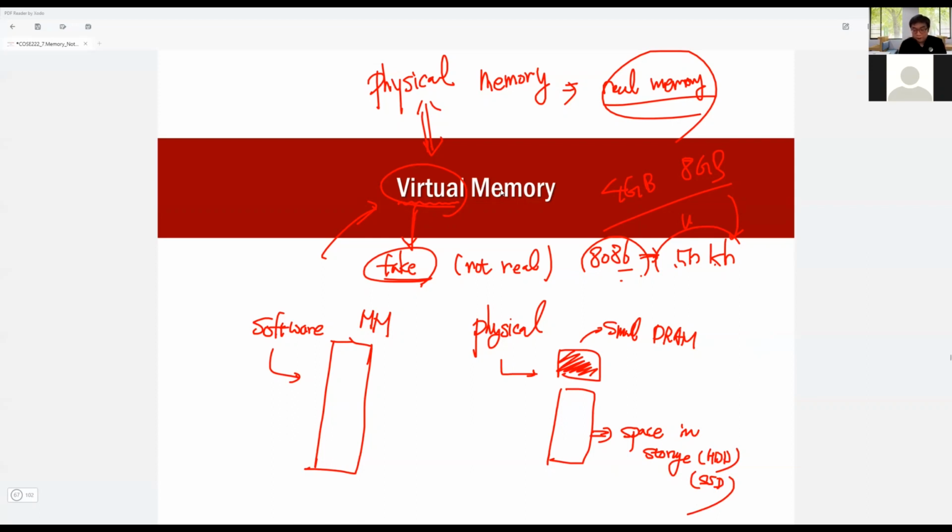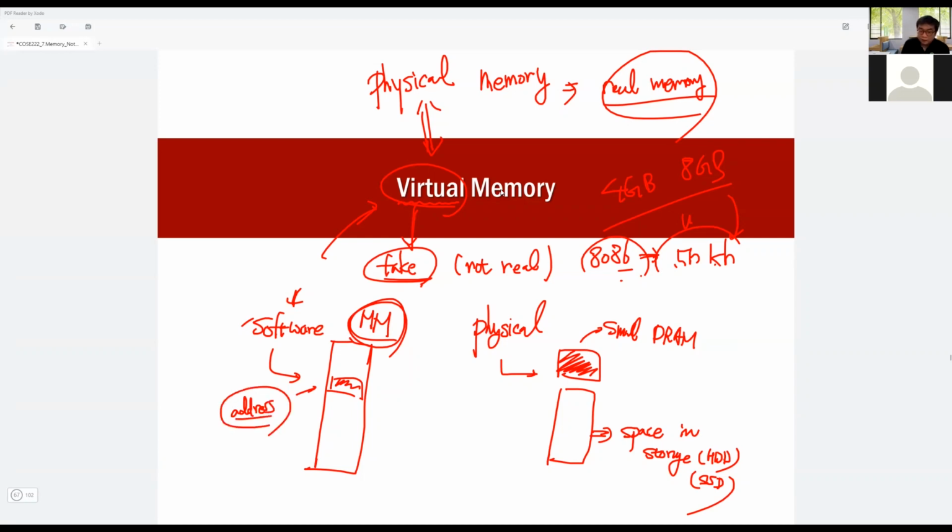So in order to access data in this main memory, the software accesses the data in this virtual main memory with some address.